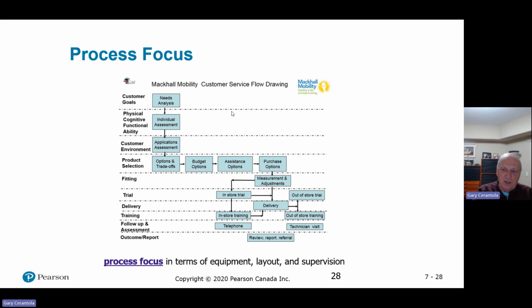Now I just wanted to show you an alternative. Here's some work I did for MacHall Mobility. It was three stores that made up this company, and intuitively they were doing all the right things. But I spent one afternoon with representatives from all three stores, and I said, okay, tell me what you do, and I will put that in the order of a process. In total quality management, they call these swim lanes.